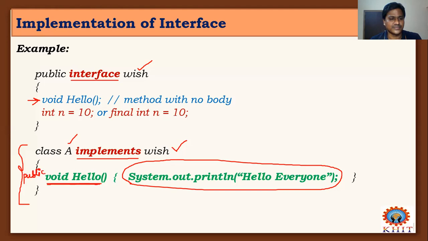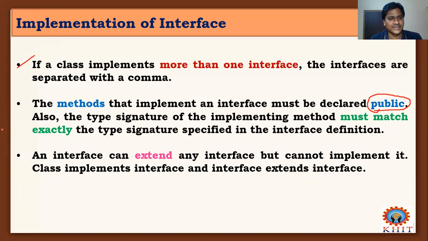Remember this one, we just made a mistake here. That implementation of the method defined in the interface should be public. We just missed this one, right? The methods that implement an interface must be declared public in the classes.